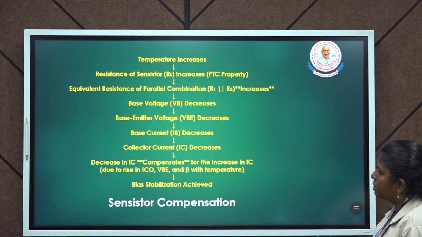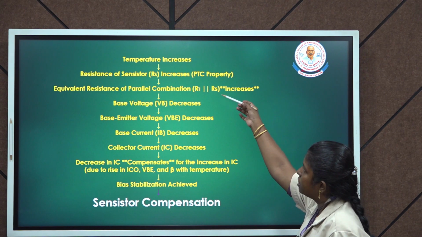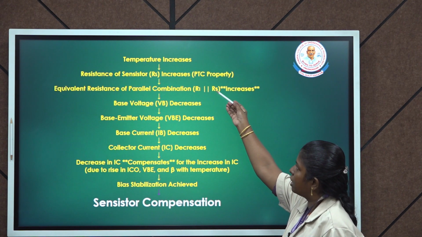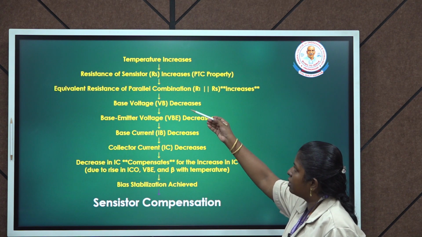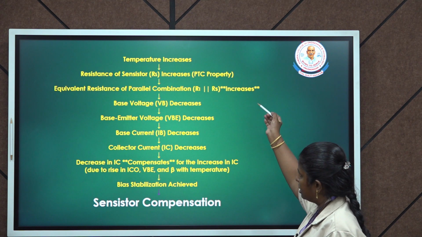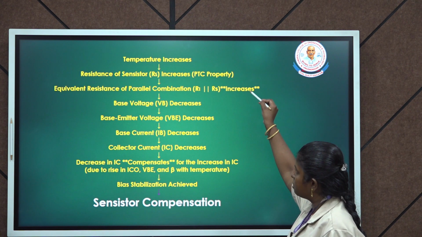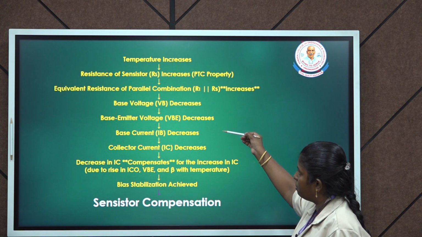Coming to the sensistor compensation, when the temperature increases, the resistance of the sensistor also increases, which is the positive temperature coefficient property. The equivalent resistance of the parallel combination of R1 and RS also increases, which reduces the base emitter voltage VBE.